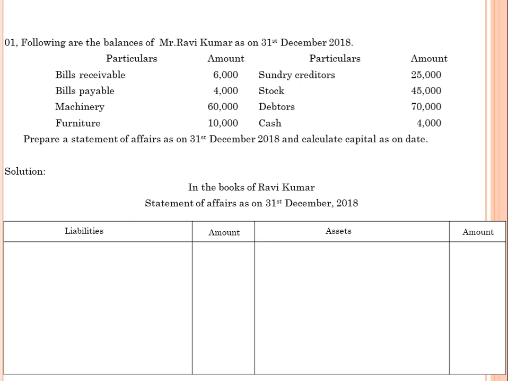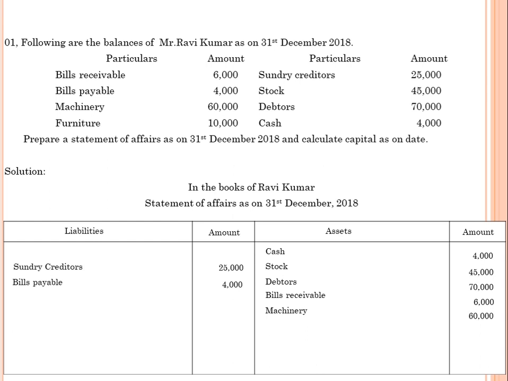I start from liabilities. Sundry creditors 25,000, bills payable 4,000. Only two pieces of information are given related to liabilities. We move on to the asset side. Cash 4,000, stock 45,000, debtors 70,000, bills receivable 6,000, machinery 60,000, furniture 10,000.